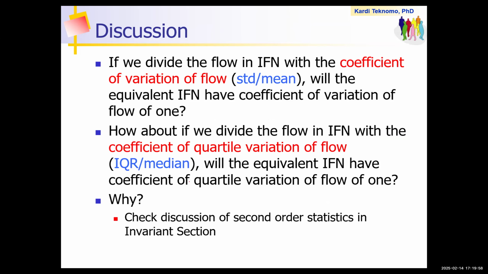Will the equivalent IFN have a coefficient of quartile variation of flow of 1? The answer is no. Why not? Because these are invariants. Later we will discuss this in the invariance section.